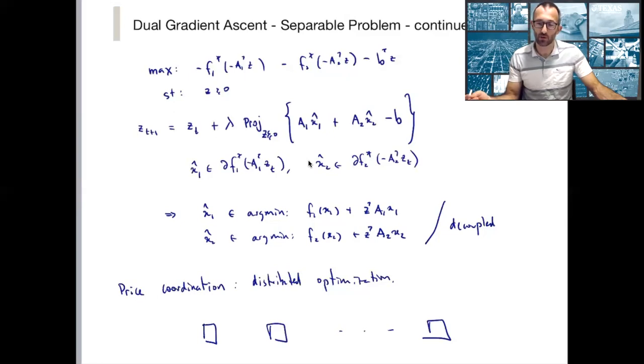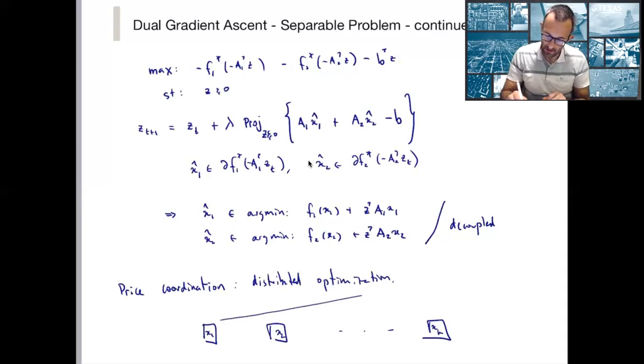The common resource is where this original inequality constraint comes from. Agent 1 takes actions x1, agent 2 takes actions x2, agent k takes actions xk, and of course these can be blocks of variables in whatever dimension you want. And so the interpretation is that they choose an optimal solution, they solve their problem. That means each one of them reports an xi hat, so they send an xi hat back to some centralized agent.